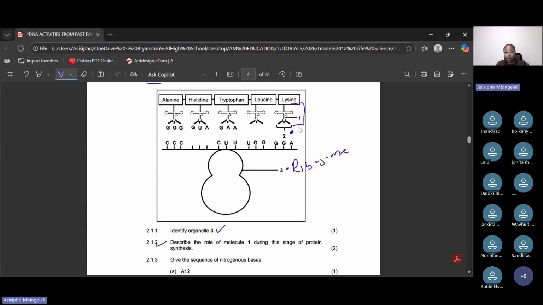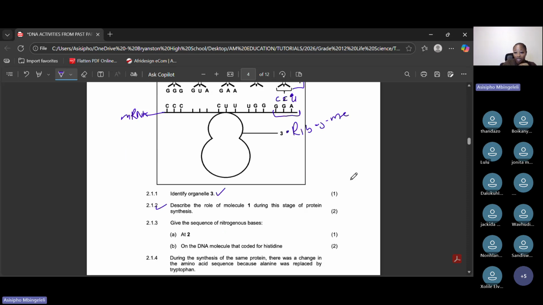Those anticodons will be complementary to the codons here in the messenger RNA, because me and you should already know that this strand over here is the messenger RNA. So these would be the anticodons for the GGA here. So it will definitely be CCU. That is correct. So the sequence of nitrogenous bases at 2, definitely CCU. I hope you got that 1 mark.